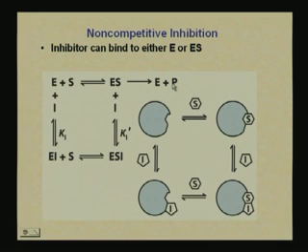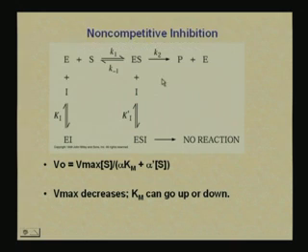Okay? So, the feature of non-competitive inhibition is that the inhibitor can bind to either the enzyme or the enzyme substrate complex. And it is only the enzyme substrate complex that eventually will form the product. So, we have EI, and this ESI is also not going to give any reaction. It is only the ES that is capable of giving us the reaction.